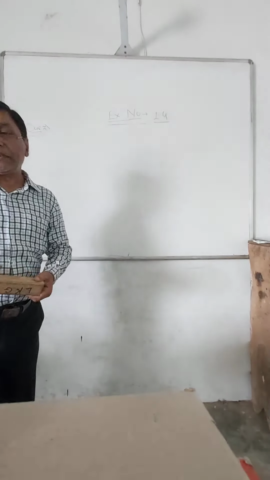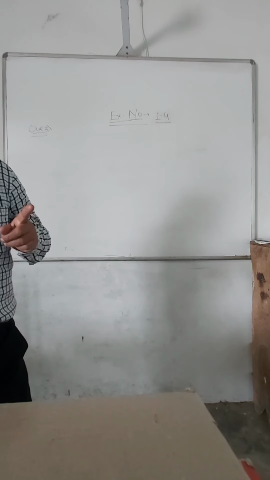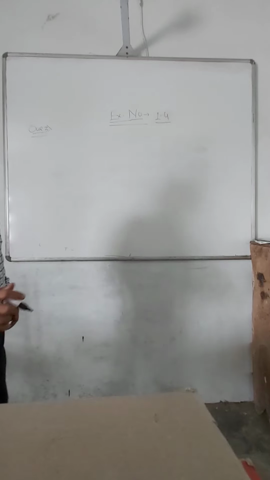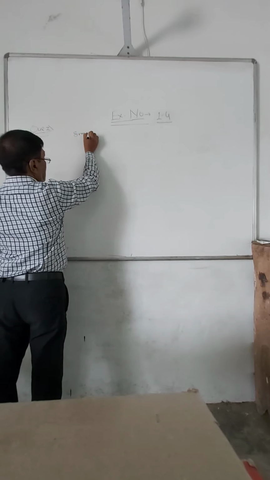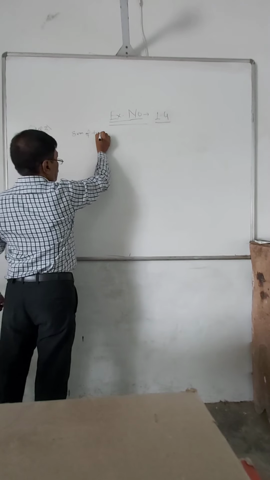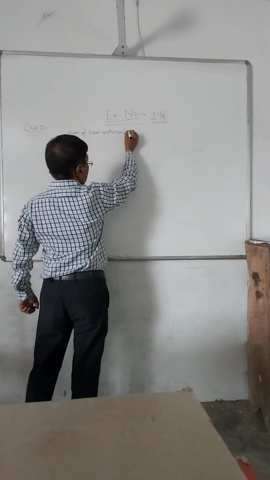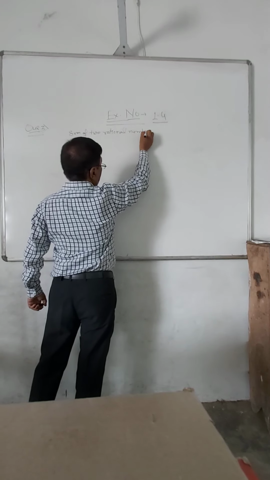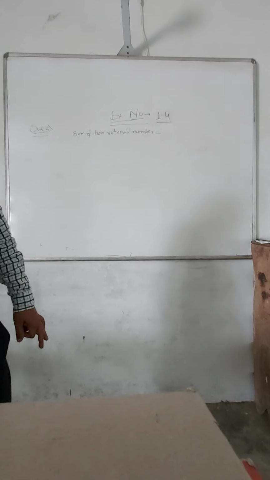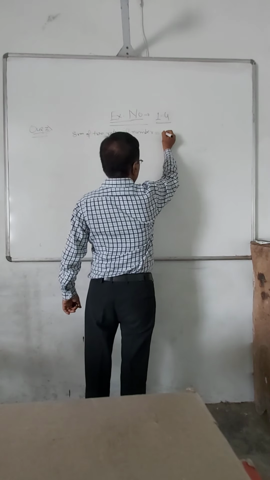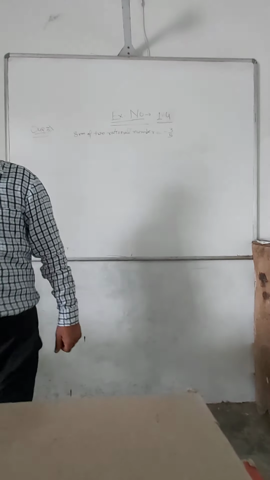In question number 3, just see: the sum of two rational numbers is given as minus 3 by 5.